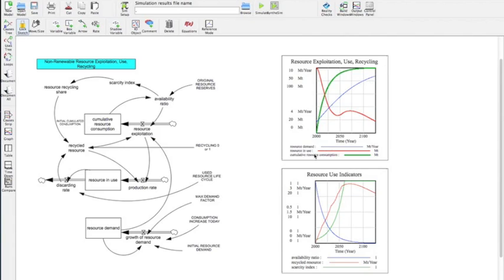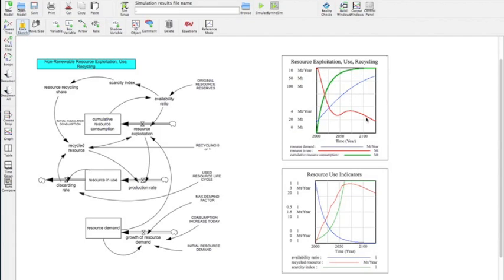Okay, the resource in use actually decreases over time, and the reason that happens is that you can actually look at the cumulative resource consumption. Over time you're running out of the resource, and you actually get to a point where you reach your 100 metric tons, which was the reserves. Okay, so this decrease in the resource in use comes about because you're actually running out of the resource.